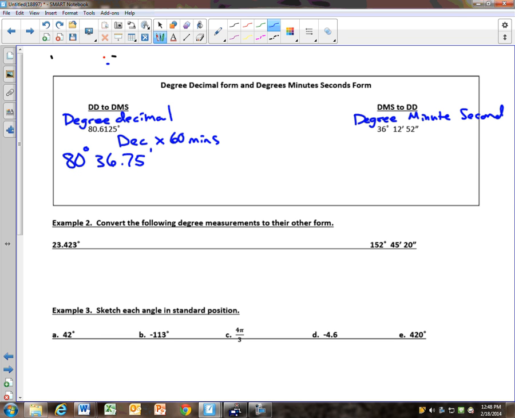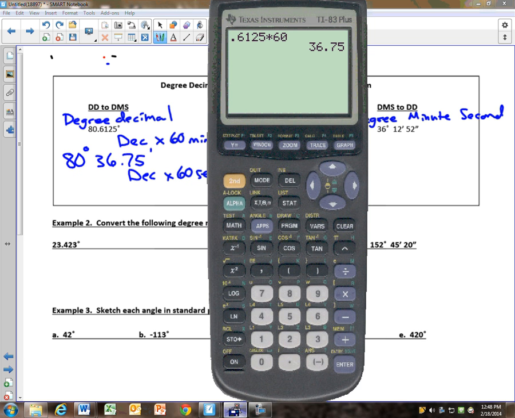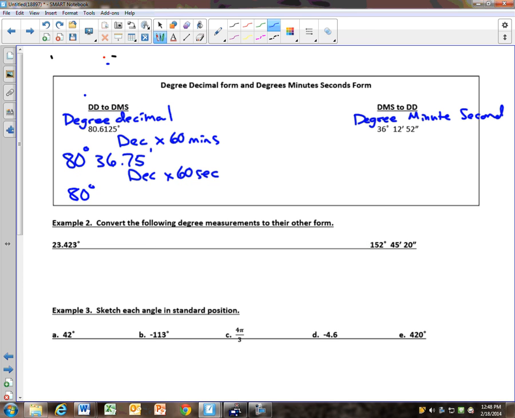So now we take the decimal, which is 0.75, and multiply it by 60 seconds. 0.75 times 60, and we get 45. So 80 degrees, 36 minutes, and 45 seconds.